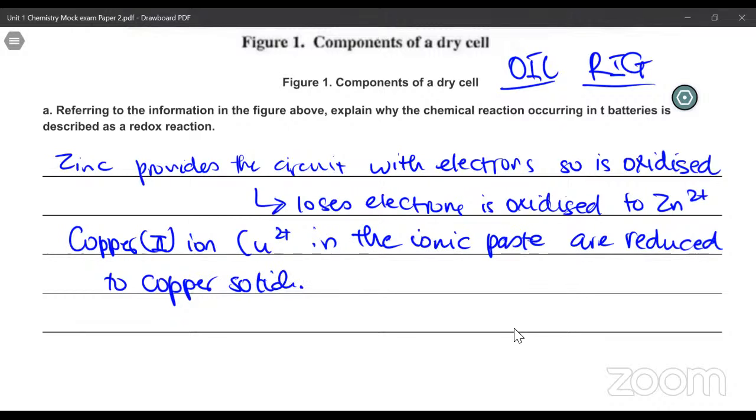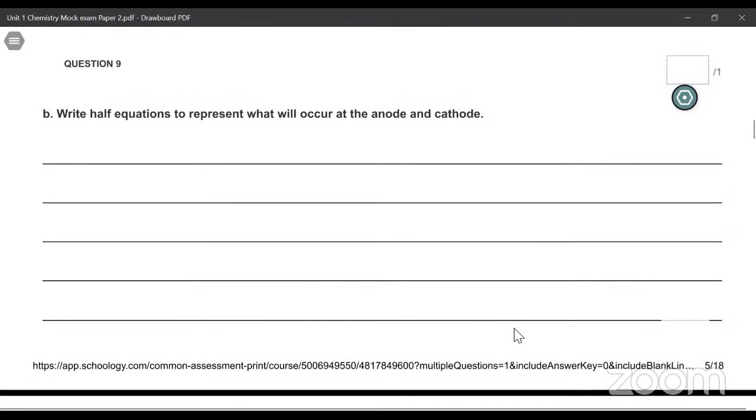All right. Now it says to write the half equations to represent what will occur at the anode and the cathode. So reduction occurs at the cathode while oxidation occurs at the anode.